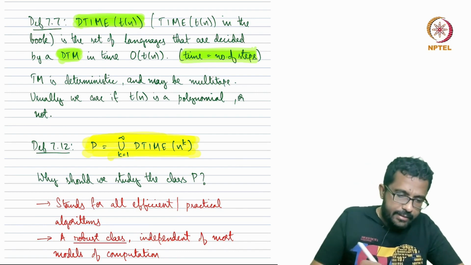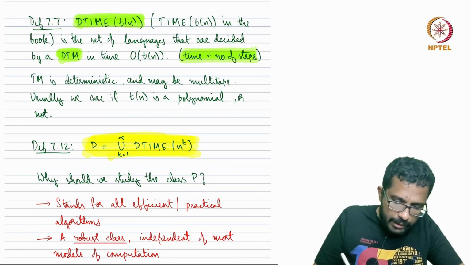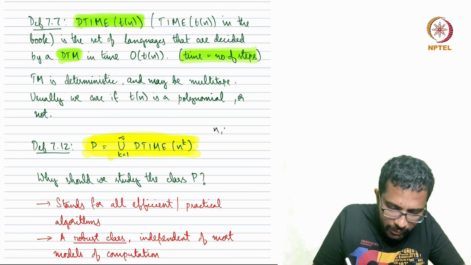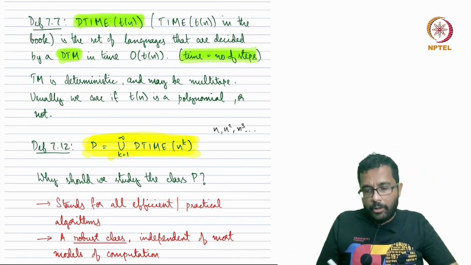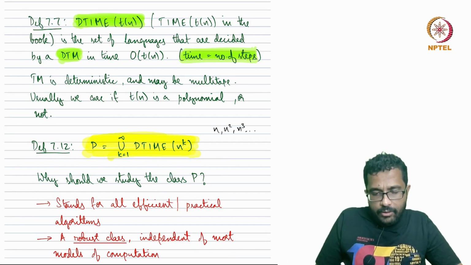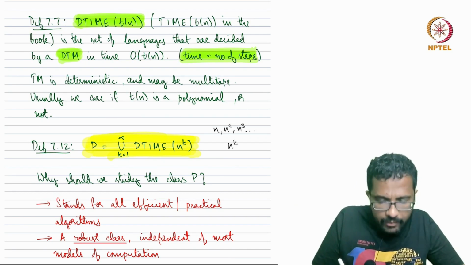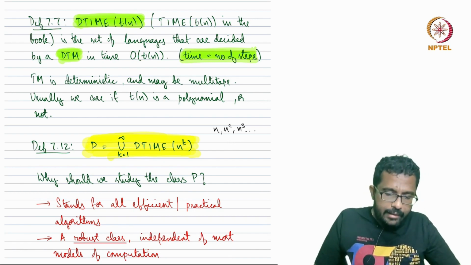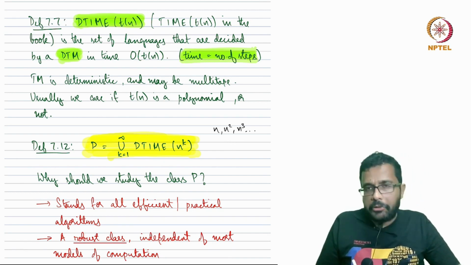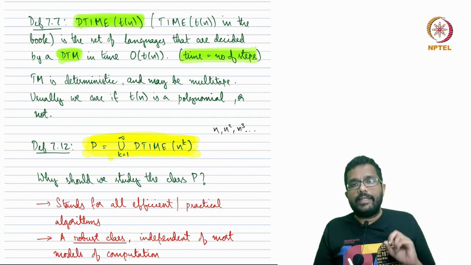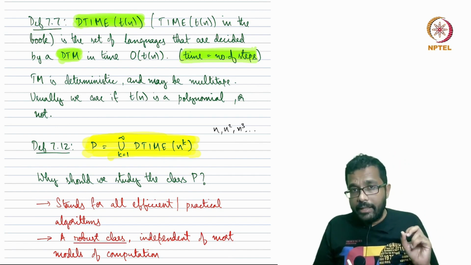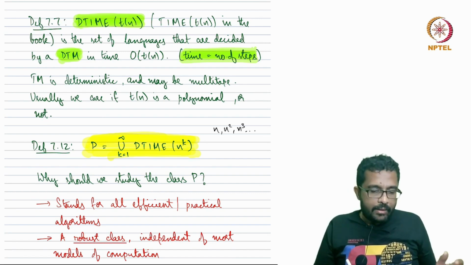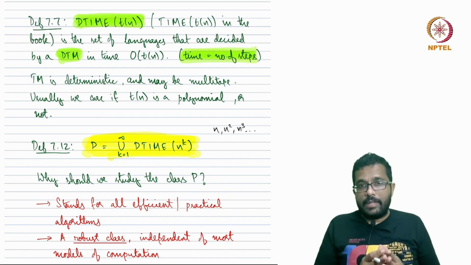The reason for calling it P is that we have n squared, n cubed, etc. These are all polynomial functions, right? Anything of the form n power k is considered to be polynomial. That's why this is called P, and P stands for polynomial: the class of languages that can be decided in polynomial time by a deterministic Turing machine, okay?